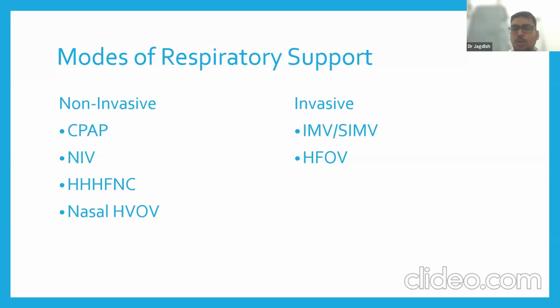But remember, when we are putting the baby on invasive ventilation, the four things we are going to set are PIP, that is the positive inspiratory pressure, PEEP, that is positive end expiratory pressure, FiO2, which is titrated to the saturation, and the respiration rate. So how do you decide the PIP? We look at the chest rise. The PIP we set is the minimal PIP that gives me an adequate chest rise.